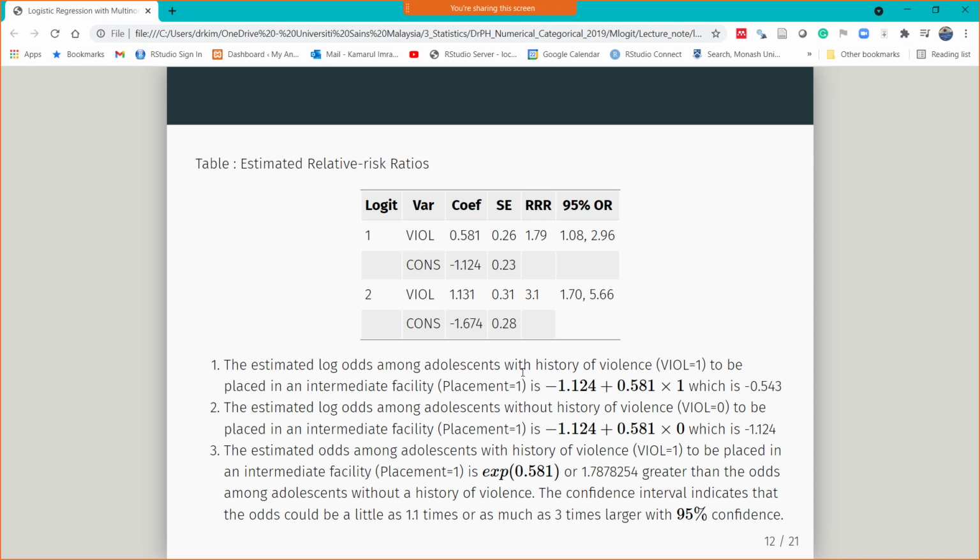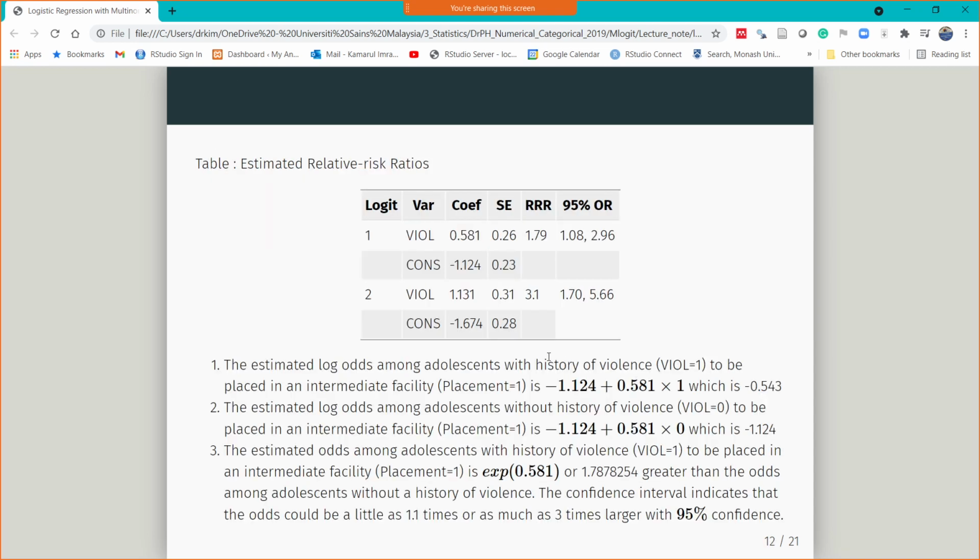And then house placement, staying near home, and the other one I've forgotten. So they are comparing what factors lead this problematic adolescent to be placed where, if they have these risk factors.